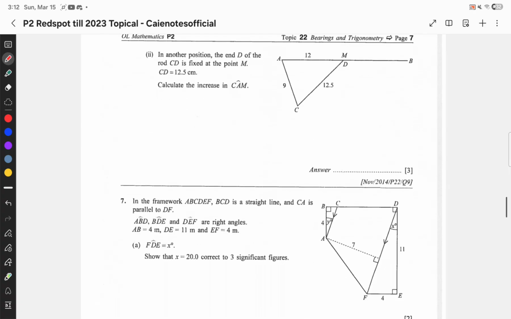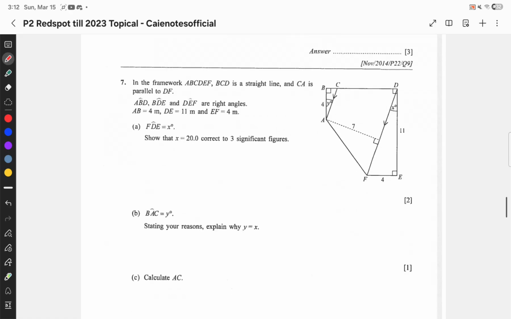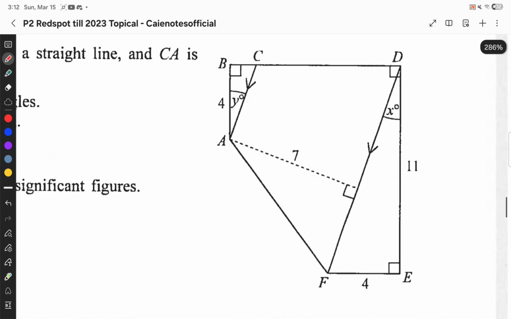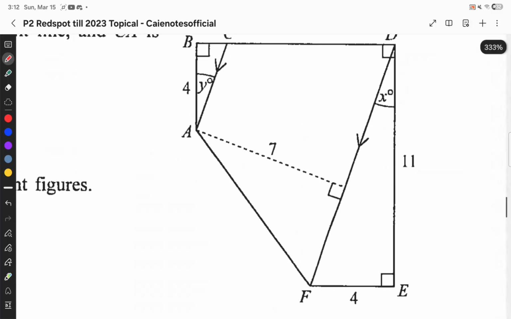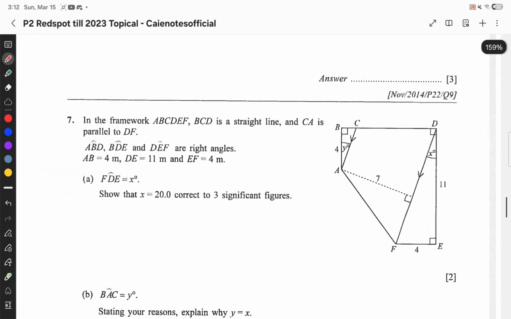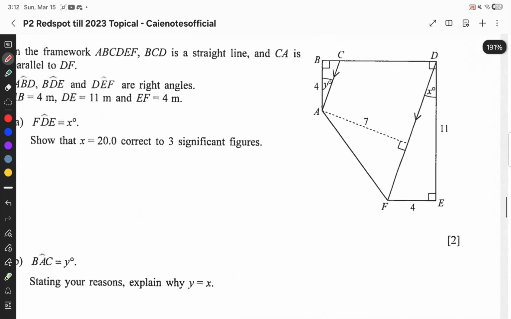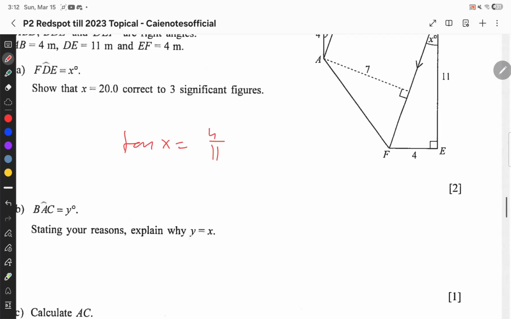Since we aren't doing trigonometry stuff, I will teach you how you can do this question. This is one of the hard questions. To understand this, we need to show that the angle of x is this. So this is obviously tangent of x equals opposite over adjacent. State your reasoning: explain why y is equal to x.